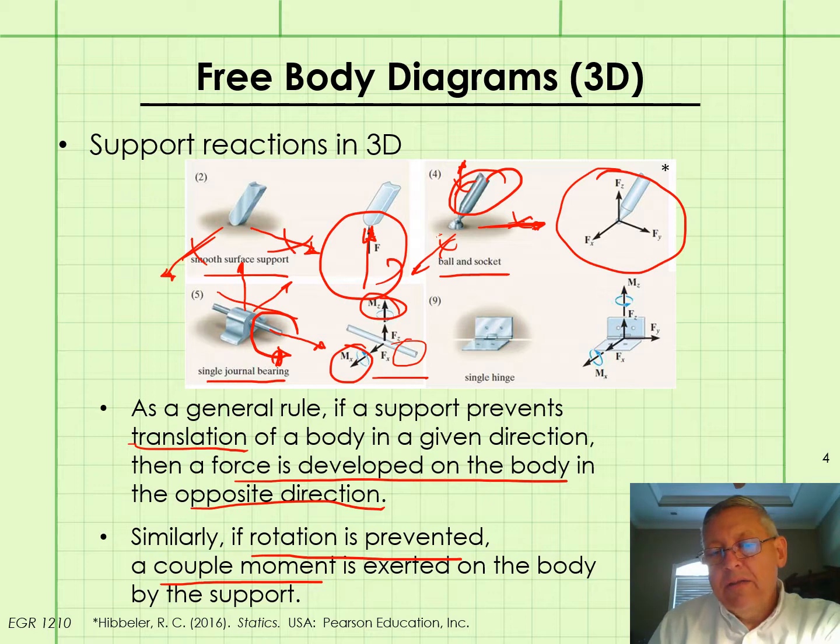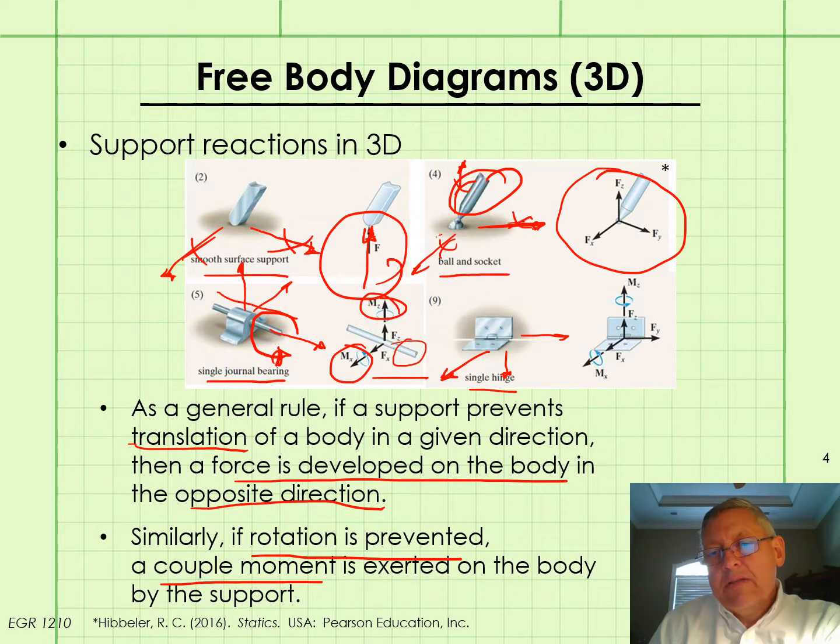Let's look at a hinge. A hinge is going to be even more restrictive than the single journal bearing. A hinge is going to keep the rigid body that's attached to it from moving in the X, Y, and Z direction. Didn't show it very well here, but put that other one there.